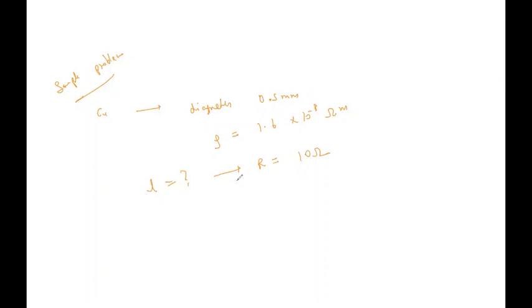Can you repeat the question again? So you have a copper wire and this wire has a diameter 0.5 millimeter, okay, and resistivity is 1.6 into 10⁻⁸ ohm meter. Question is, what should be the length of the wire such that resistance is 10 ohm? Okay, just give me a minute. Yeah, sure.